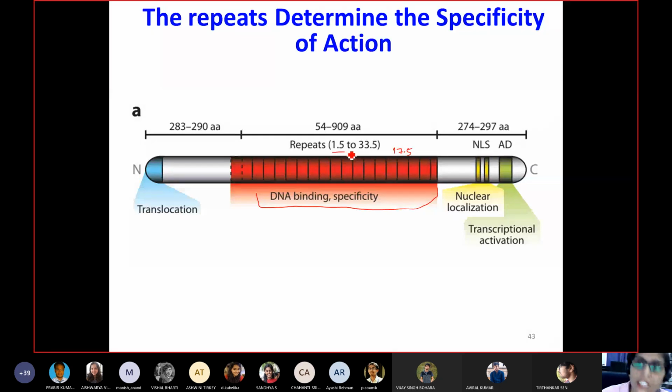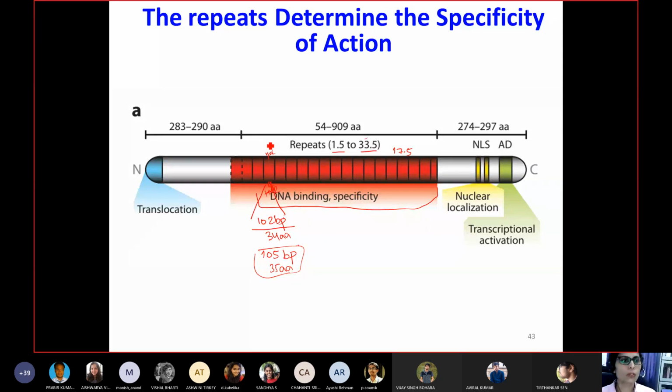But in other avirulence genes there are examples containing 105 base pairs, which gives 35 amino acids. So different avirulence genes have different kinds of repeats, and each repeat has hypervariable regions at the 12th and 13th positions. These hypervariable regions are very important within one repeat, and we will come to it later.